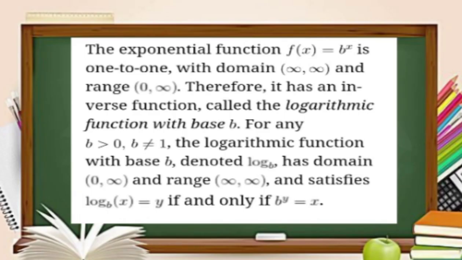The exponential function f(x) equals b^x is 1 to 1 with domain all real numbers and range (0, infinity), and therefore it has an inverse function called the logarithmic function with base b. For any b greater than 0, b not equal to 1, the logarithmic function with base b, denoted log_b, has domain (0, infinity) and range all real numbers, and satisfies log_b x equals y if and only if b^y equals x.